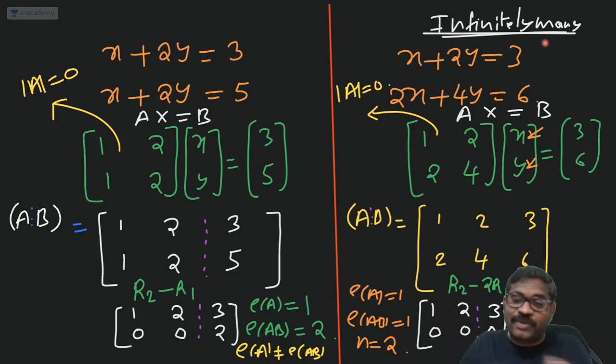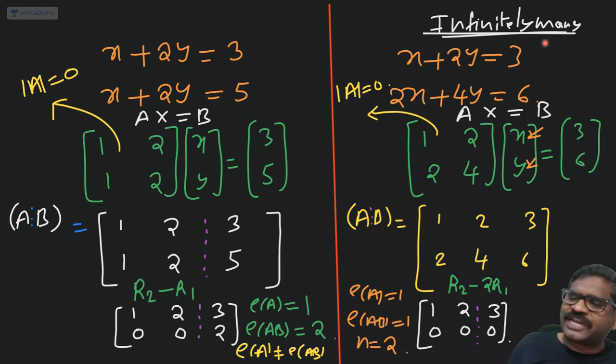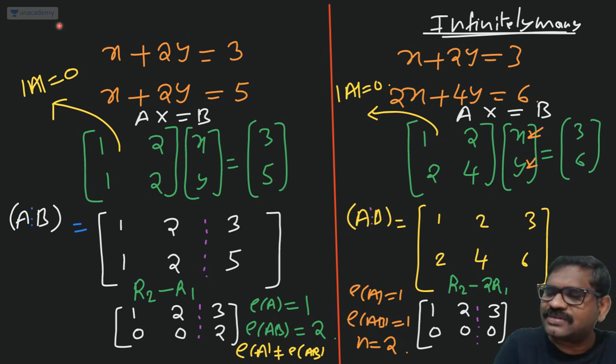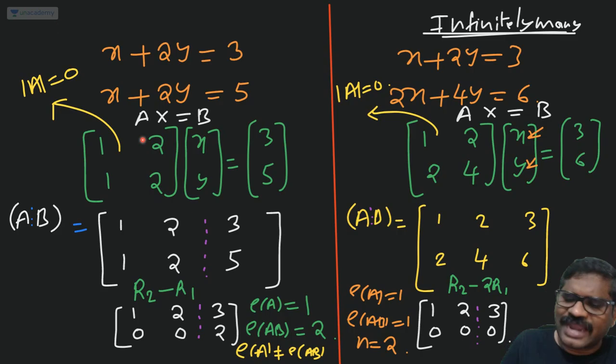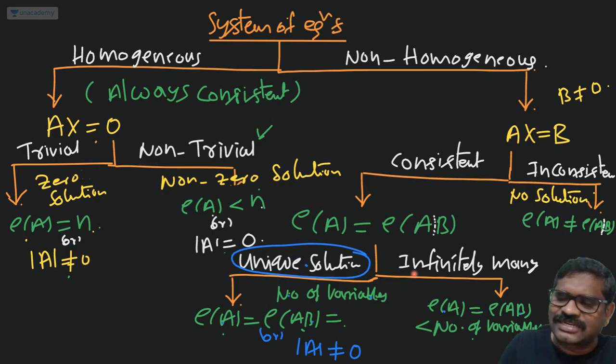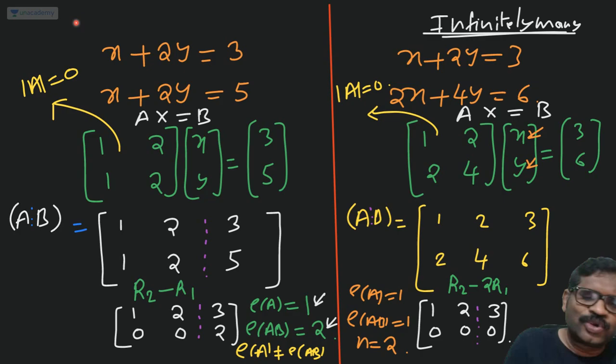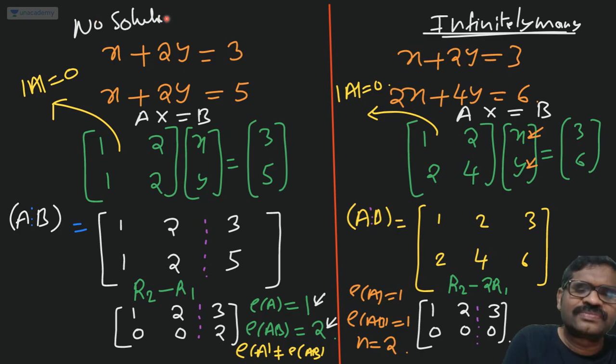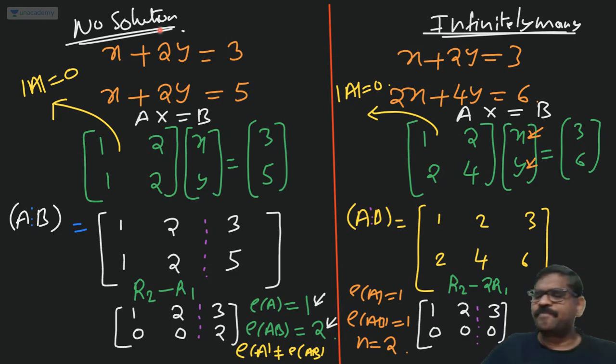What about the left side one? Rank of A and rank of AB are not equal. Not equal means no solution. That's why I have not written determinant is 0. Catch my point?